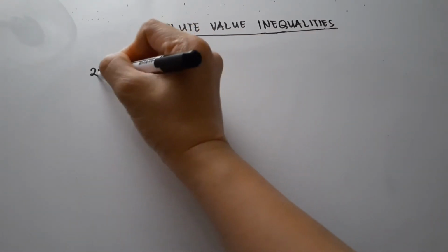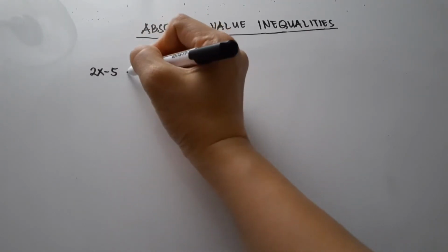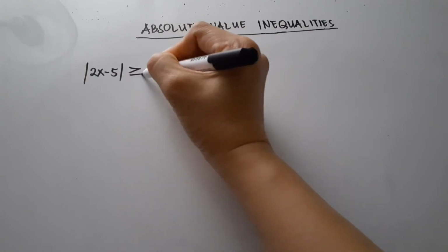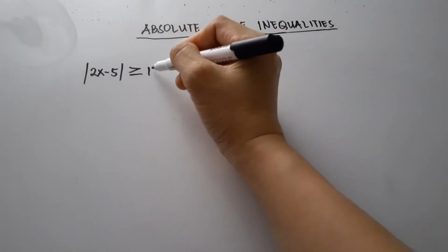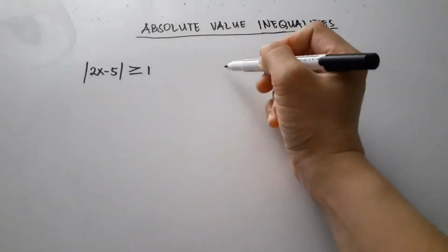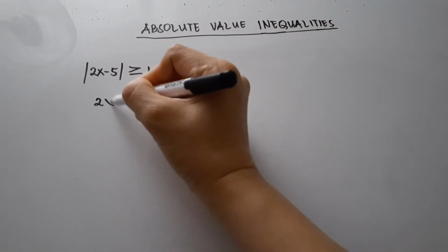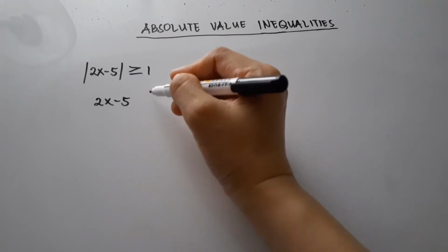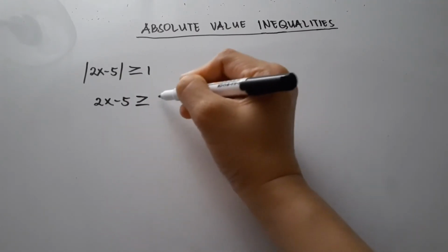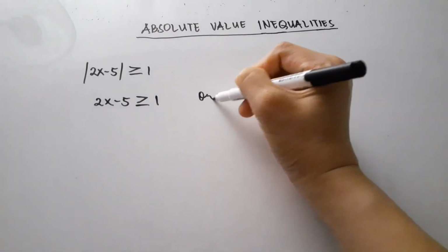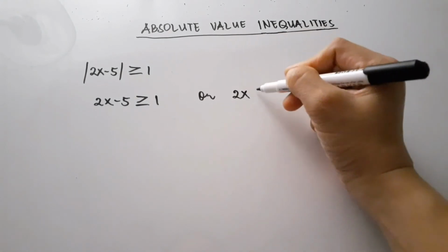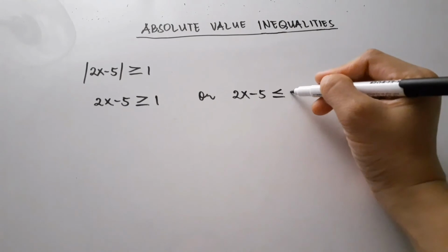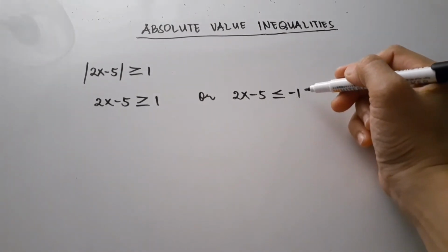And then let's have another example, which is the absolute value of 2x minus 5 greater than or equal to 1. So we have to solve each equation. We have 2x minus 5 greater than or equal to 1, or 2x minus 5 less than or equal to negative 1.